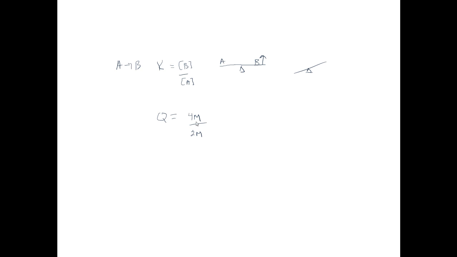A lot of times, if we're talking about Q, we don't use brackets. We'll use parentheses to say, hey, we're not at equilibrium. So Q would be equal to 2, and Q again would be less than K, and this reaction would have to shift to the right until we get back to a ratio here that would equal 4.